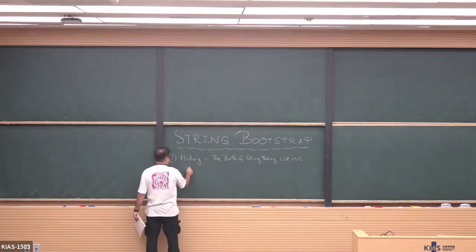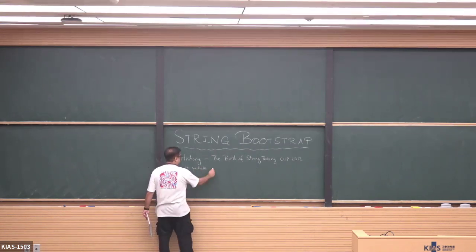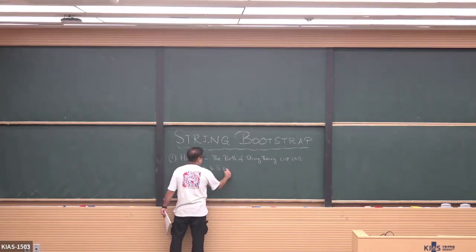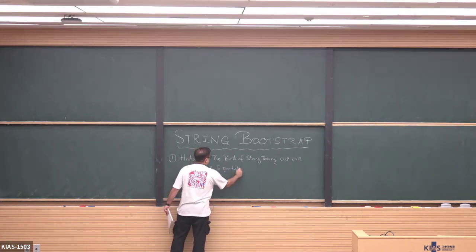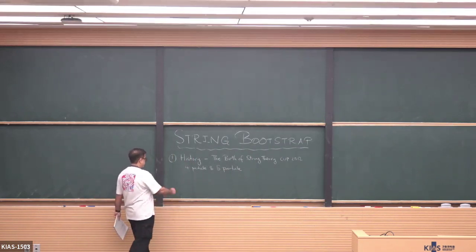From here, I'm going to go to the 4-particle and 5-particle amplitudes. I believe that this is going to take the major part of the first lecture and maybe a little bit of the second lecture.